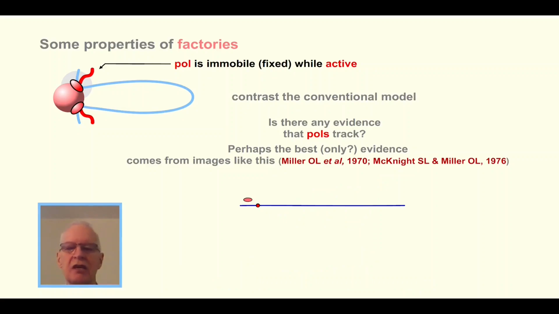And it's easy to imagine from our textbooks how Christmas trees might be made. The polymerase binds, it initiates, a second one does, more and more accumulate, and we get the Christmas tree.